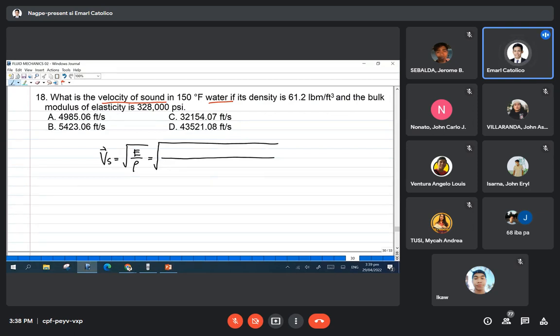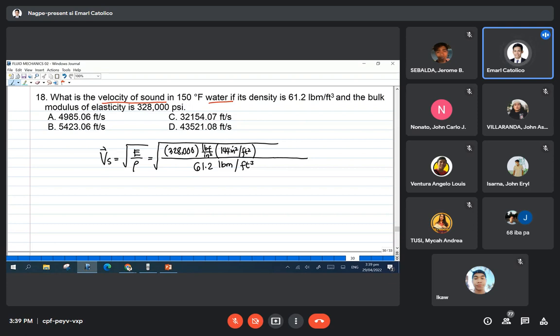Okay. So, E natin, 328,000 pound force per inch squared. Okay. Convert natin, 144 inch squared per feet squared. Divided by 61.2 pound mass per cubic feet.